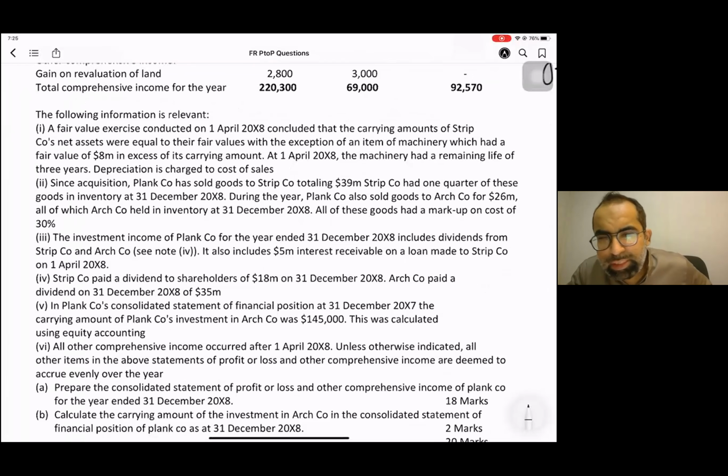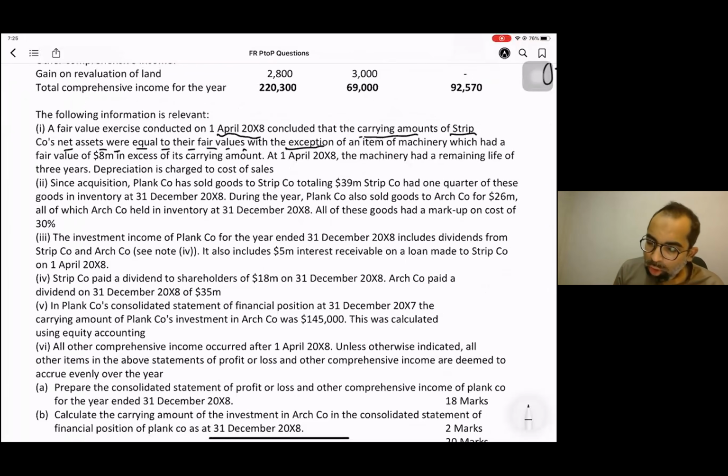A fair value exercise conducted on 1st April concluded that the carrying amount of Strip's net assets were equal to their fair values, with the exception of an item of machinery which had a fair value of 8 million in excess of its carrying amount, right?